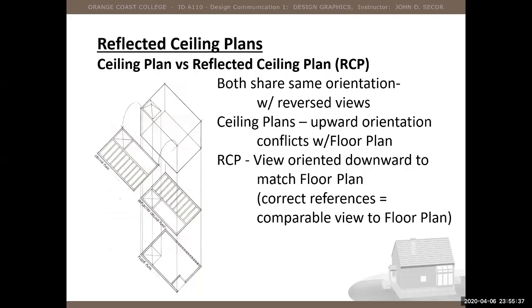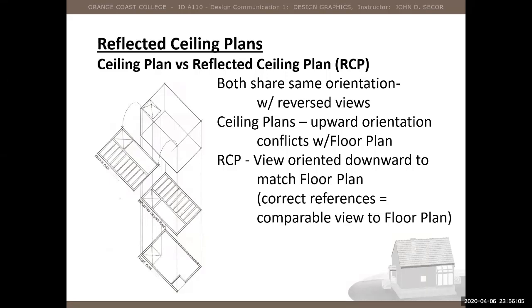And what happens is as you are standing in a space and you look up, you're actually getting a reverse view of the ceiling. So it comes in conflict with the floor plan down below. Believe it or not, when we look down, everything pretty much orients correctly. But by reversing our look and our vision and looking up, we actually reverse that.